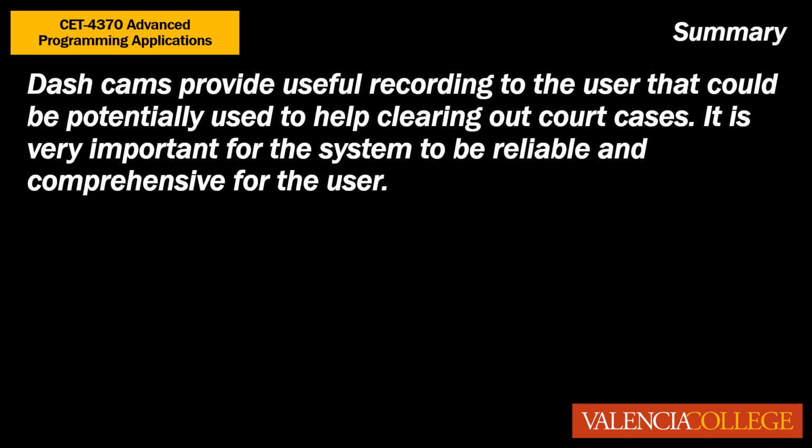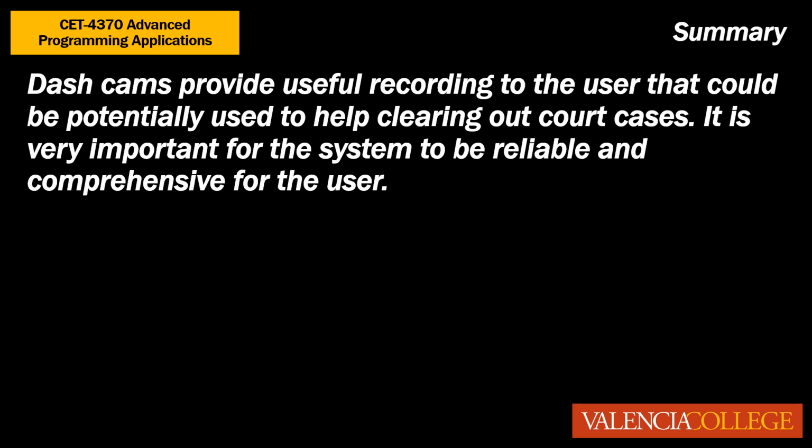As explained earlier, dashcams are pretty useful and very powerful tools, especially when you want to clear up a court case where you cannot prove who caused an accident. They're very helpful, especially for insurance and so on. So it is very important for the system to be reliable and comprehensive to the user.